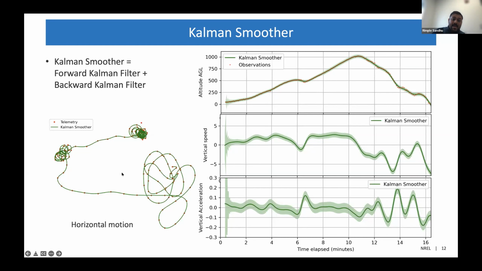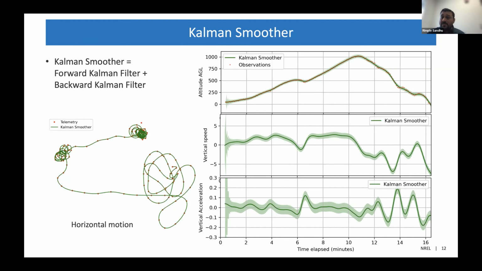And on the left, you see the horizontal motion. So one thing that we wanted to test was what DT is appropriate. And this is at 1 second. And the reason we chose 1 second was it was enough to capture these soaring, convoluted soaring behaviors. You see the small circles. If you choose like 3 seconds or 5 seconds, we miss those.